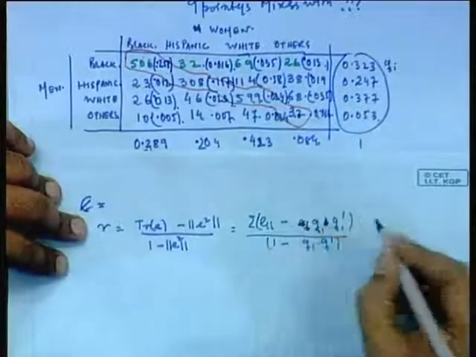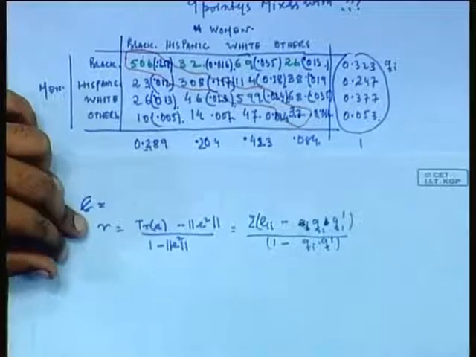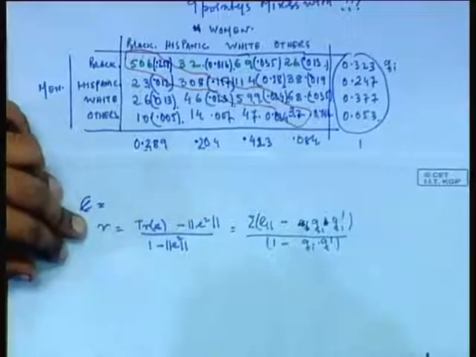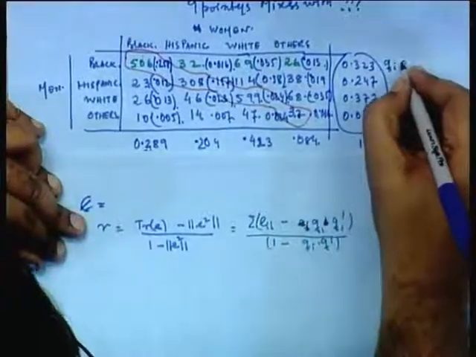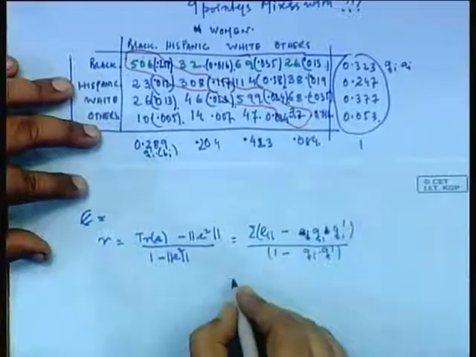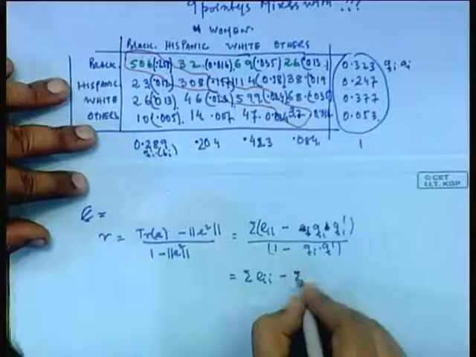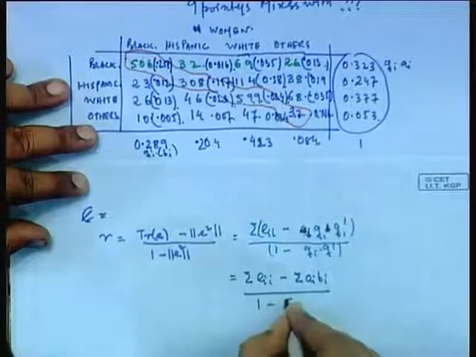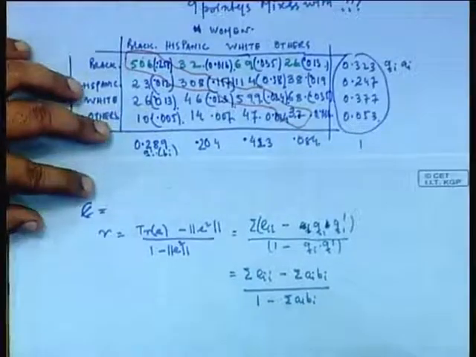So, what is exactly happening? I can also write it as a_i, b_i, whichever you want: summation of E_ii minus summation of a_i b_i, divided by 1 minus summation of a_i b_i. Clear?